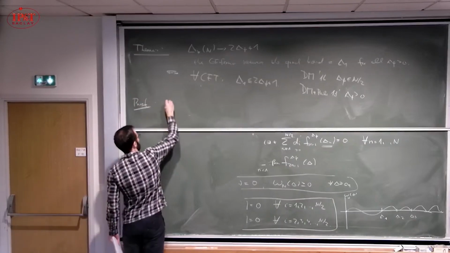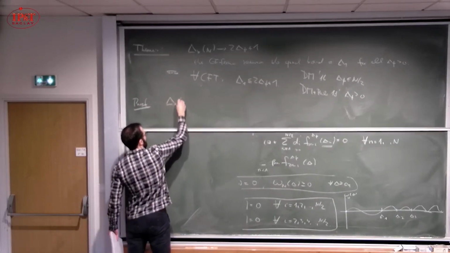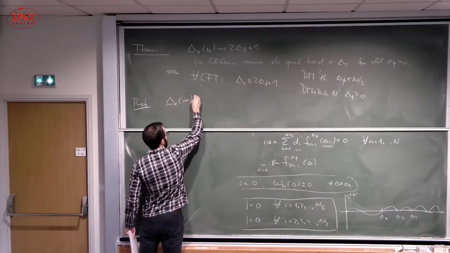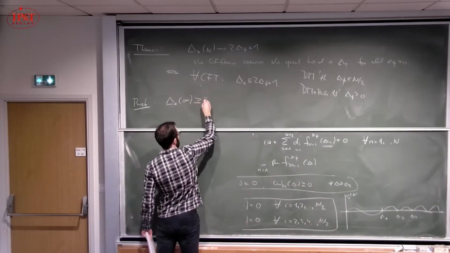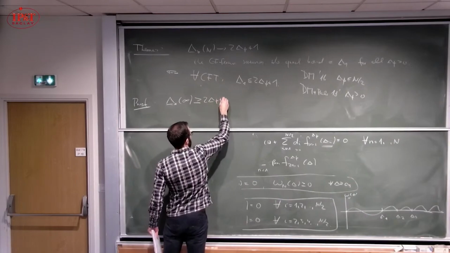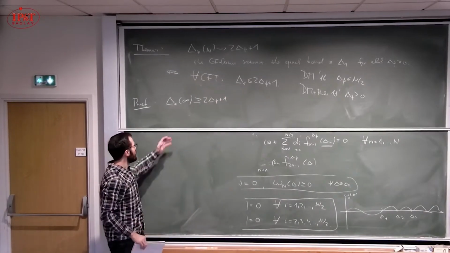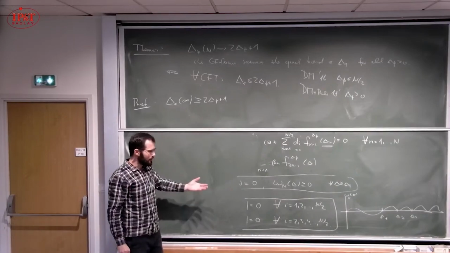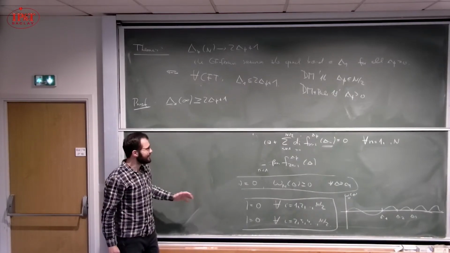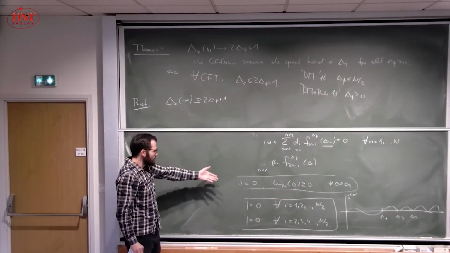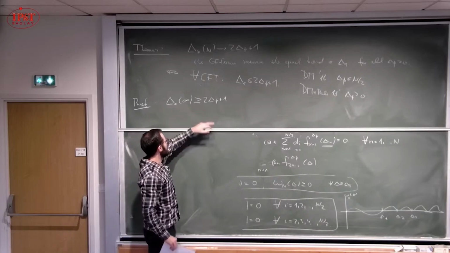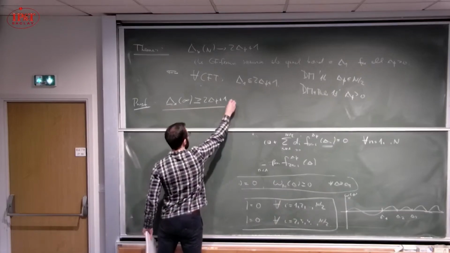So we already know that delta star infinity has to be bounded from below by 2 delta phi plus 1, because there is a solution of the crossing equations with that gap. The generalized free fermion has this gap, so the upper bound can never beat that, because it would be in contradiction with the generalized free fermion. So you know this automatically.